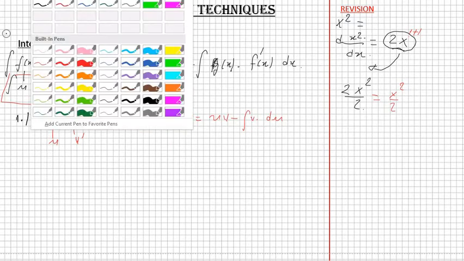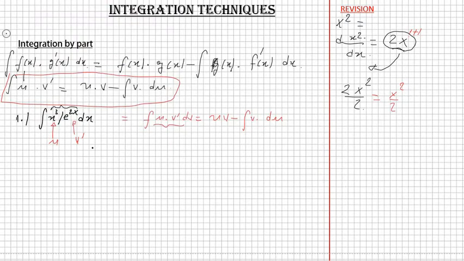Now what is u in this case? u is simply equal to x cubed. If u is equal to x cubed, what's going to be the derivative of u? The derivative of u will be equal to 3x to the power of 2 dx. You just need to derive. You need to have both the function u and its derivative.